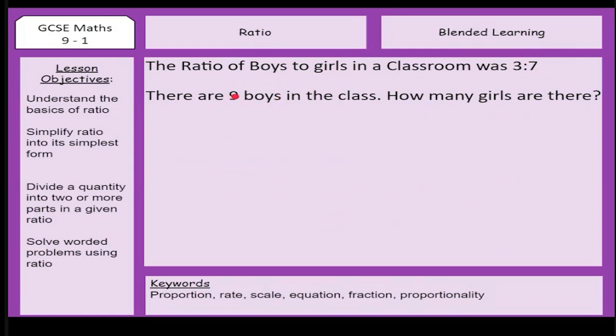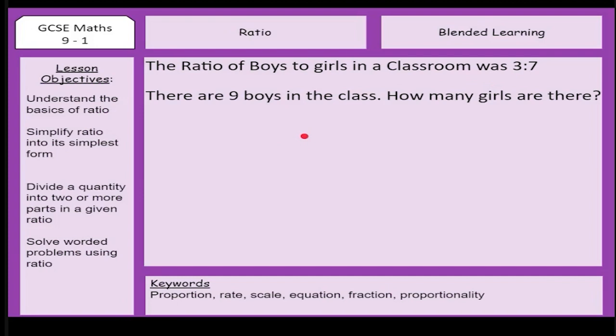Remember, I'm not including the 7 here because this is the girls. It's only mentioning that there are 9 boys, not everyone. So I know that 3 parts equal 9 boys.